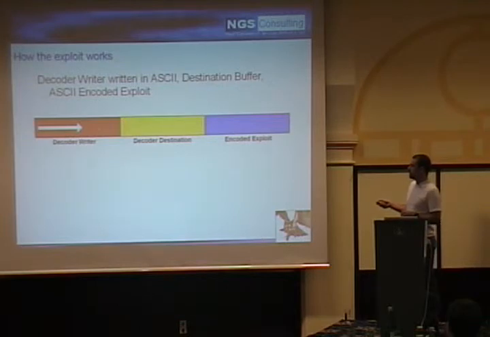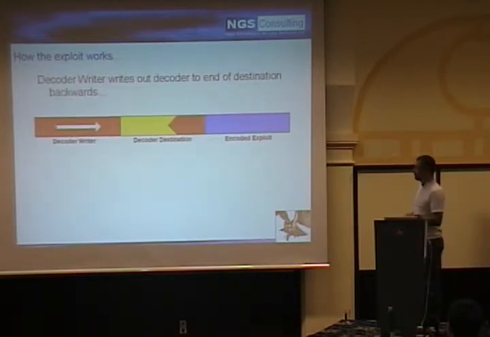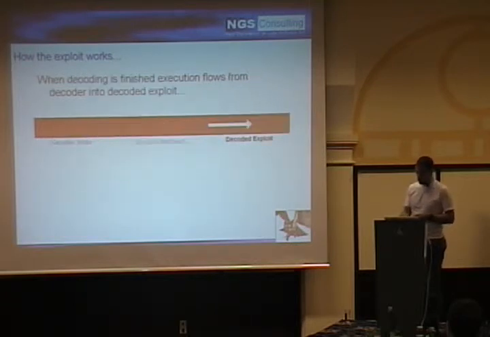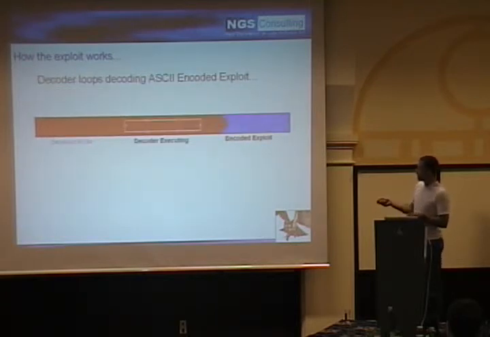So the exploit, when it begins, has the decoder writer, a buffer, a destination for the decoder when it gets written out, and the encoded exploit. So when the decoder writer executes down this way, it starts writing the decoder out this way. So eventually, the two join. And when the two join, execution continues from down here onwards. Whoops. And obviously the decoder, all that does basically, it loops decoding this stuff here.